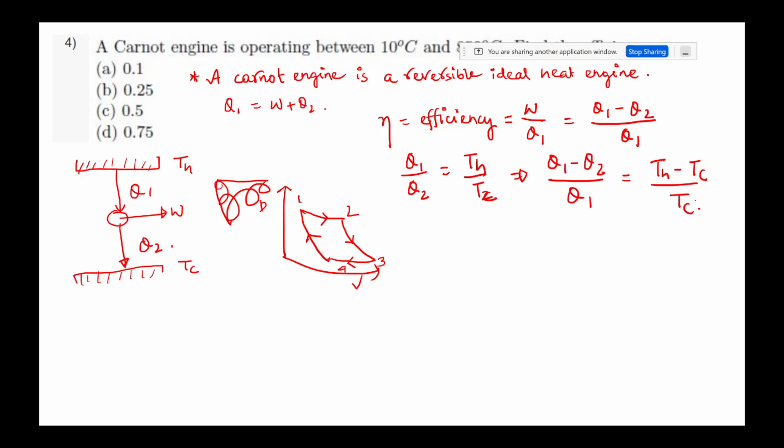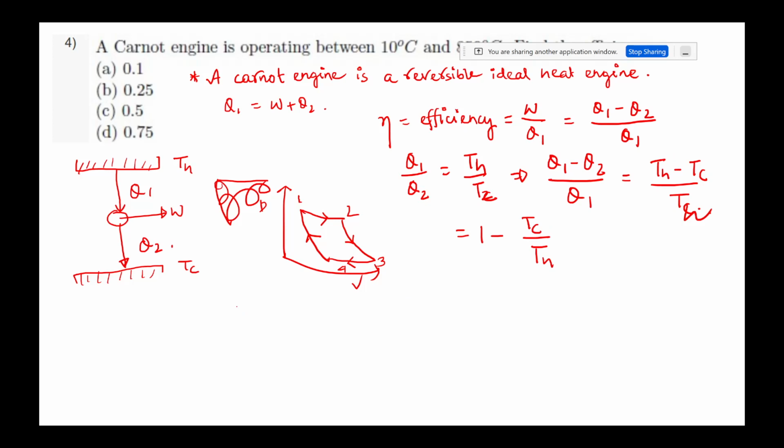Okay, there is some problem. So this will be TH minus TC divided by TH. Okay, so that becomes 1 minus TC by TH.